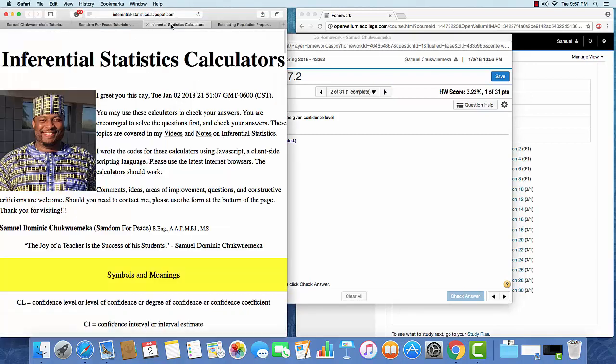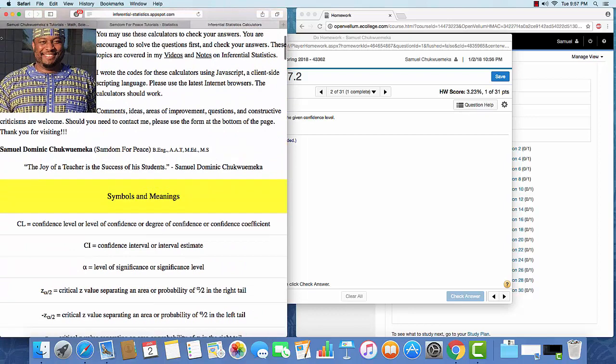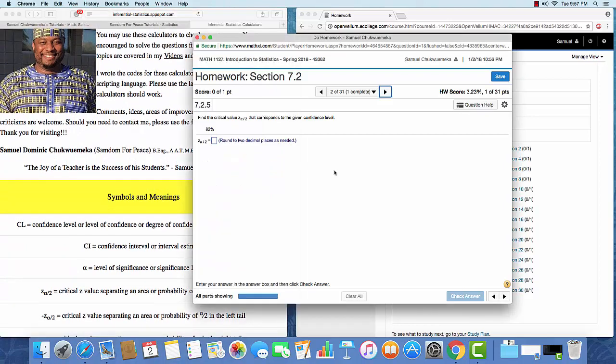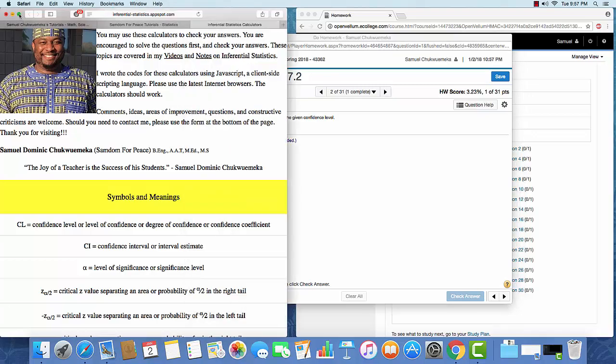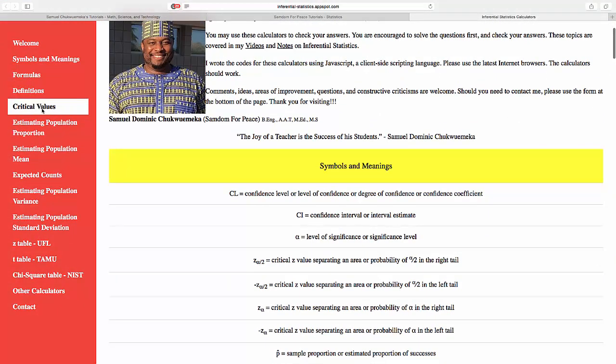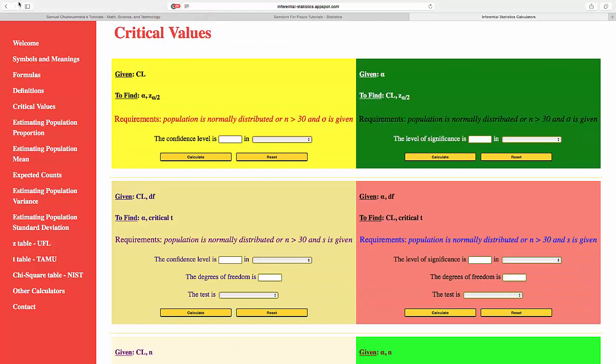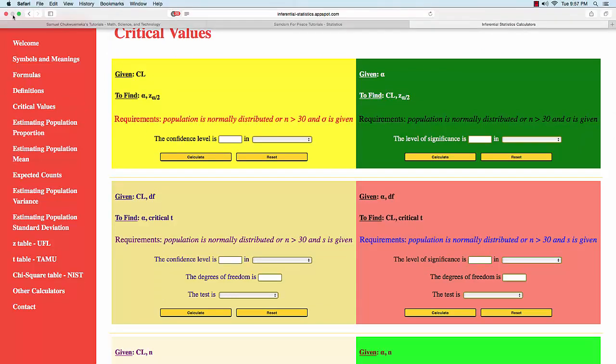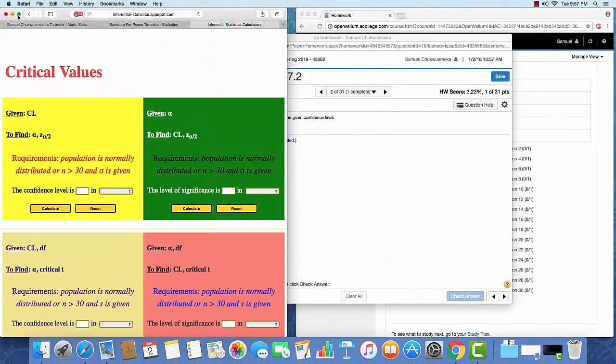That is this. I can actually close this. Okay, so with my calculator, we want to find a critical value. So when you click here, go to critical value. I want to use this.